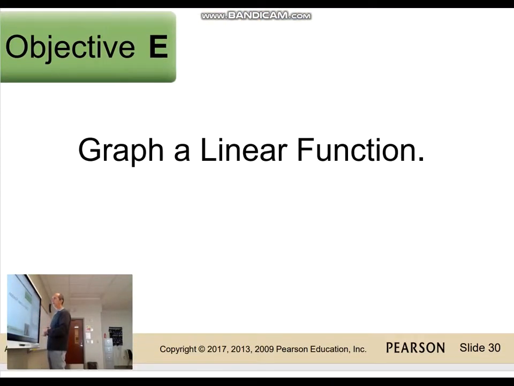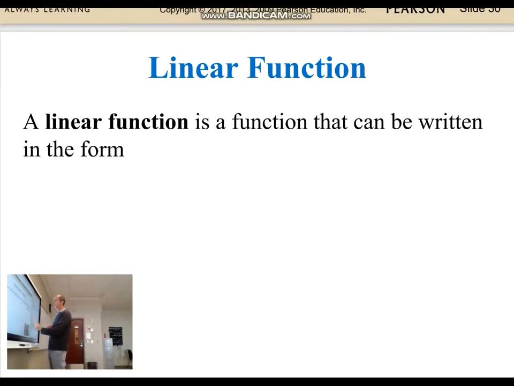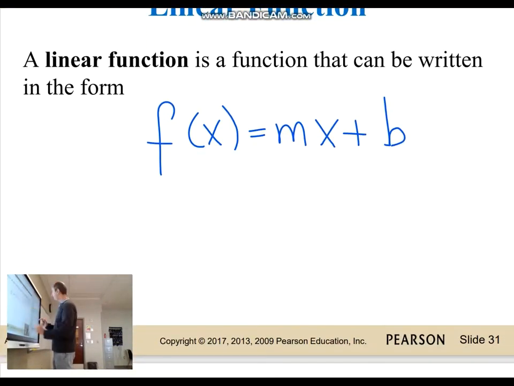Now objective E, graph a linear function. A linear function is going to be a function with the following form: f of x equals mx plus b. This form is called the slope-intercept form.